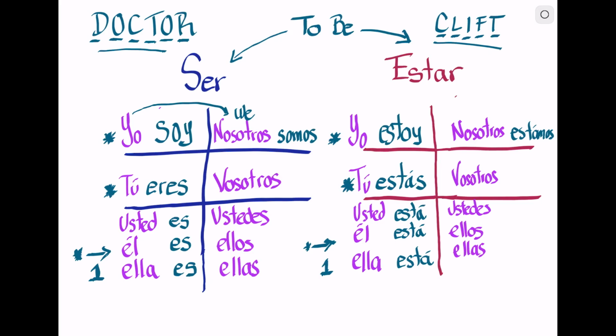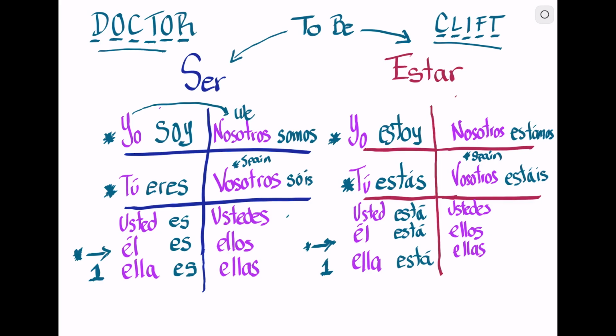We are friends is a relationship. We are sad is a feeling. Now vosotros is only used in Spain and means you all. Vosotros sois or vosotros estáis. Remember, you all, and what you're talking about decides the one you will use.